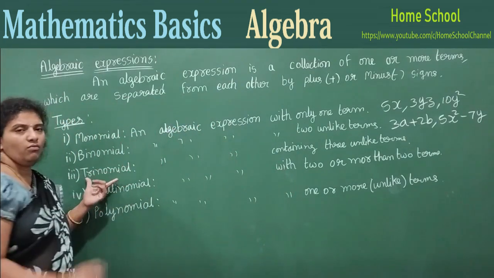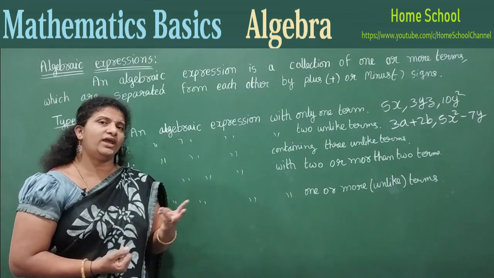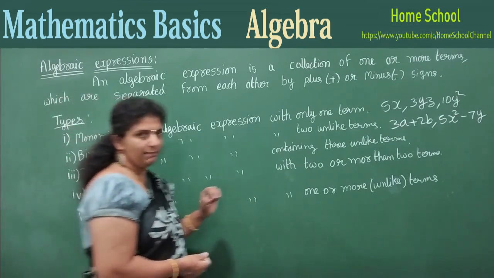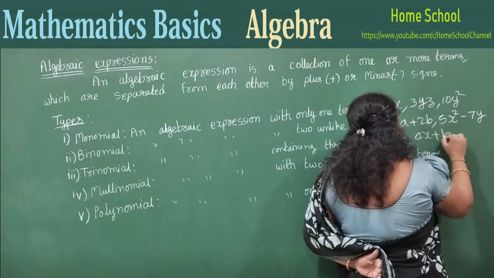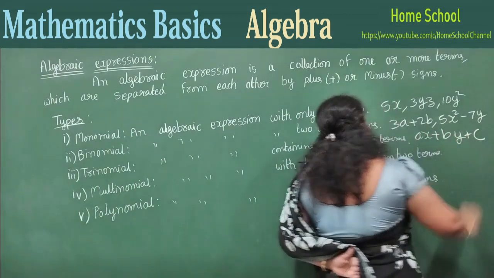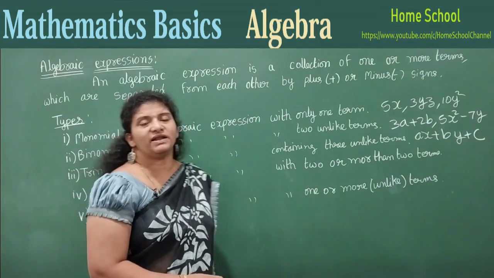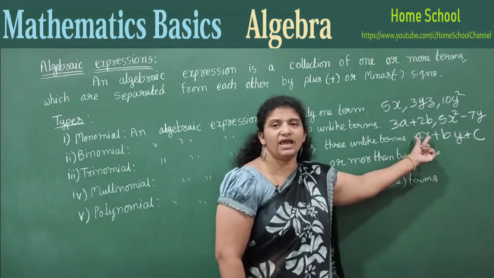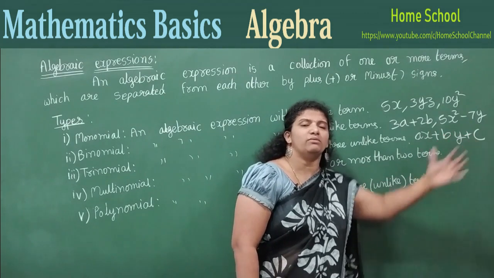Next one. More than two. If I use three terms, what is that? Three. Trinomial. So example, ax plus by plus c. Observe here, ax, by, plus c. Ax is a term, by is one more term, and c is one more term.